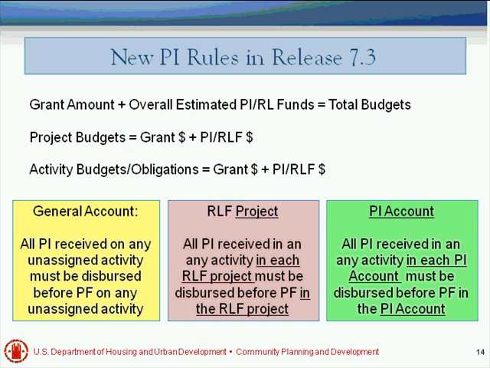Same type of thing is going to go on project budgets, but where on the grant level you're going to identify explicitly what your program income is, on project budgets it's going to include program income and revolving loan funds, but not specify. So we'll show you that screen. You're going to be bumping up the project budgets accordingly. Same thing happens to activity budgets and obligations.